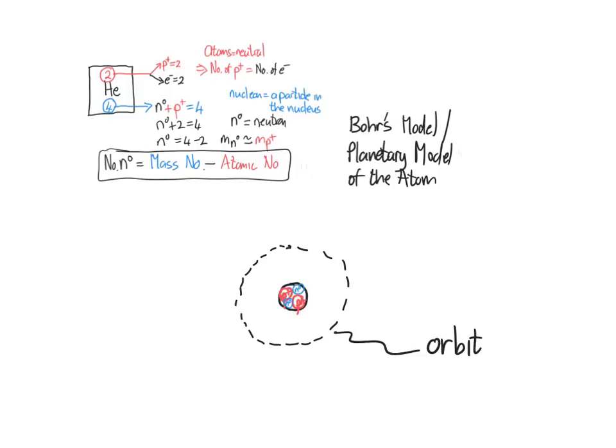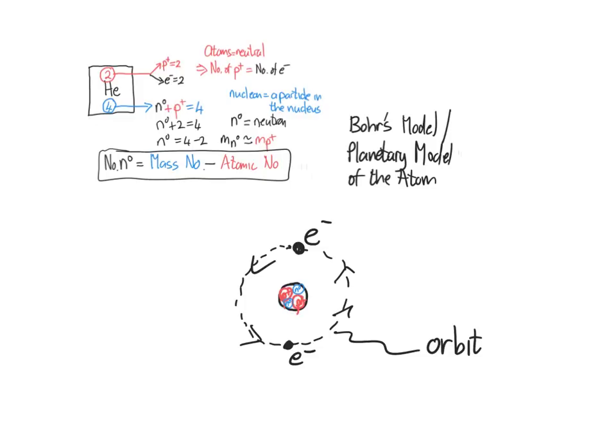And we are going to represent the 2 electrons in this orbit, and for the purposes of this model, they will be rotating like a planet rotates around the sun. They'll be rotating around the nucleus.